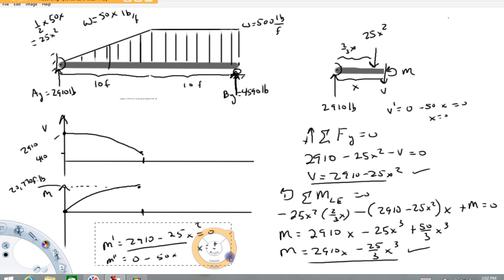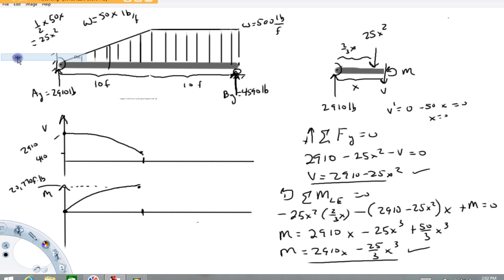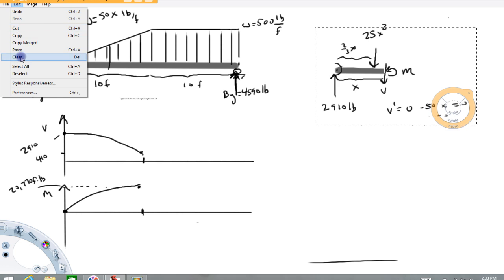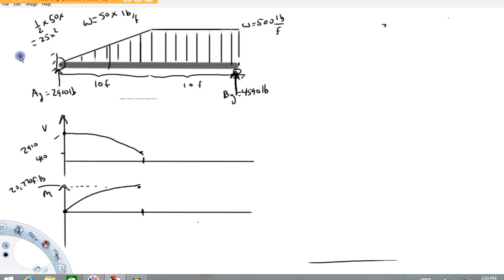Get rid of this. And all of this. And this. All right. Now, to determine the shear and moment in this region, what we have to do is we want to cut this beam at another arbitrary location.